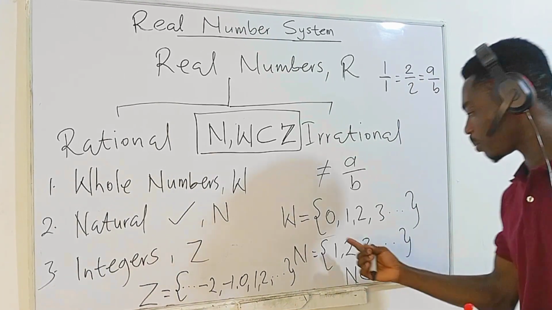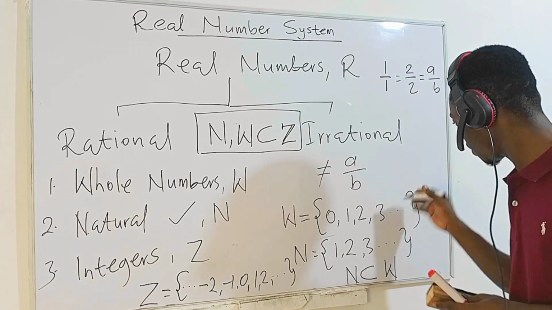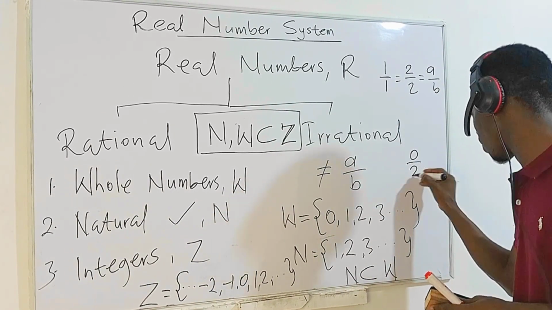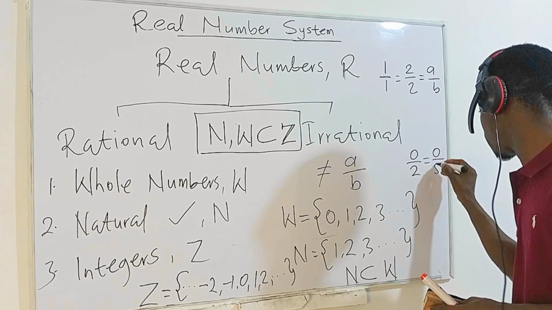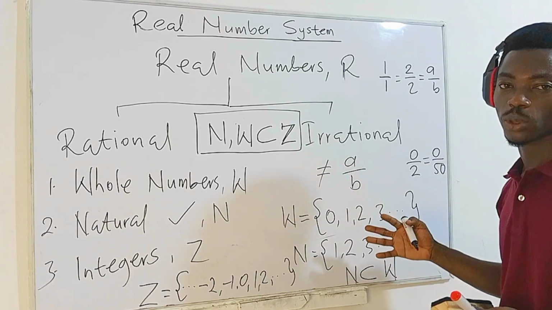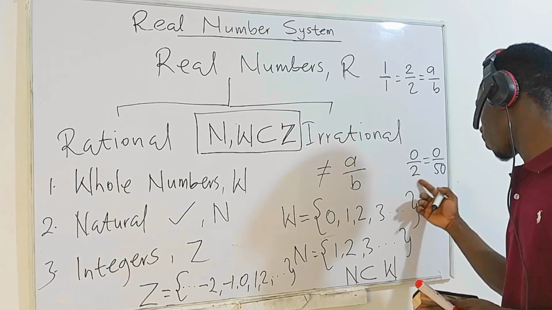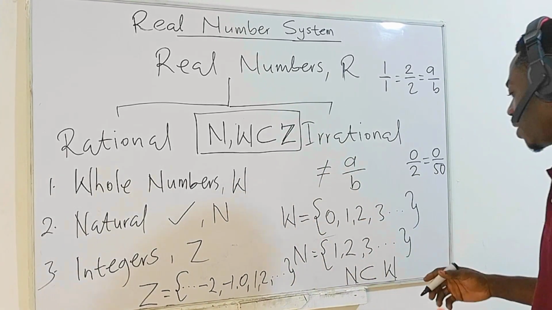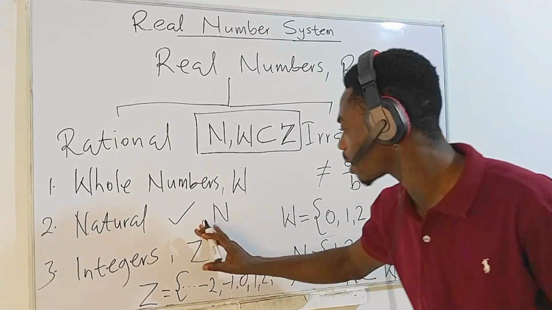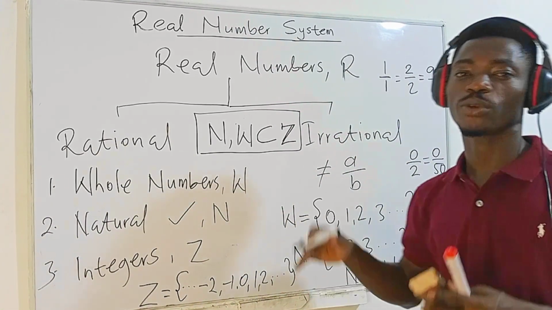In the same way, if we pick this 0 right here, 0 is the same as 0 divided by 2. It is also the same as 0 divided by, let's say, 50, and so on and so forth. But the denominator shouldn't be 0. That is the case, right? So basically, all these numbers can be expressed in the form of a fraction.